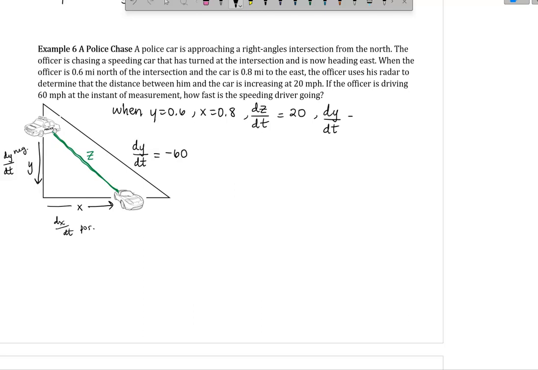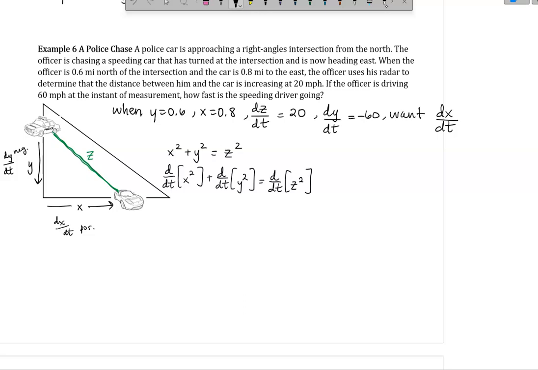They're asking us, how fast is the driver going? What we want is dx/dt. We want to know, what is the speed of the driver? How fast is this distance changing? So what equation can we use to get started and relate x, y, and z? Well, we're working in a right triangle, so we can use the Pythagorean theorem. Now that we have the equation, we need to take the derivative of it with respect to time.